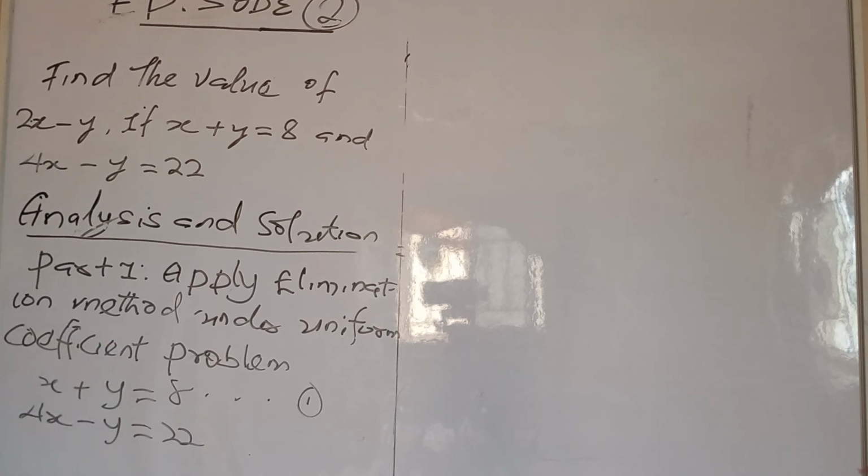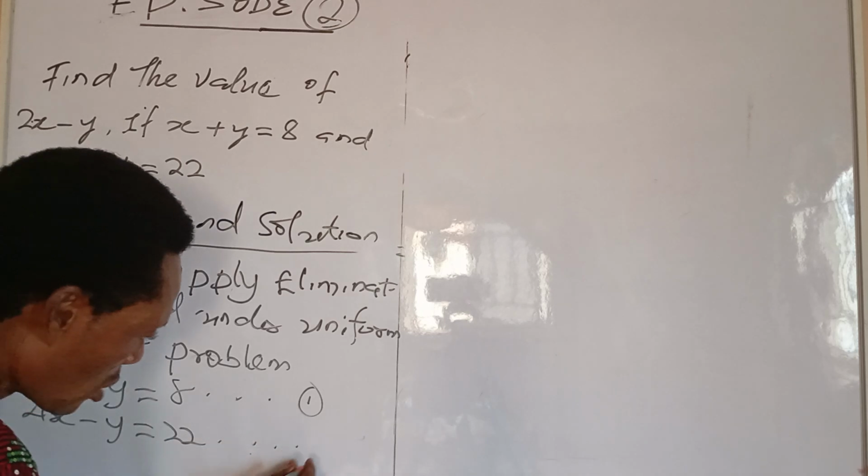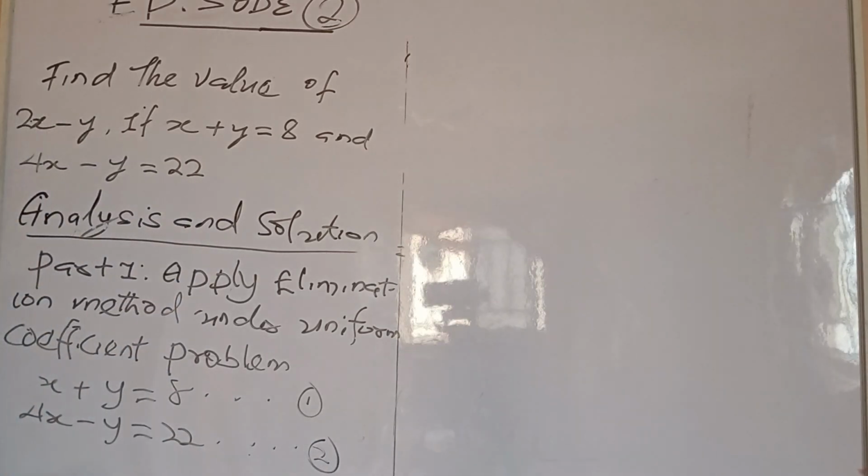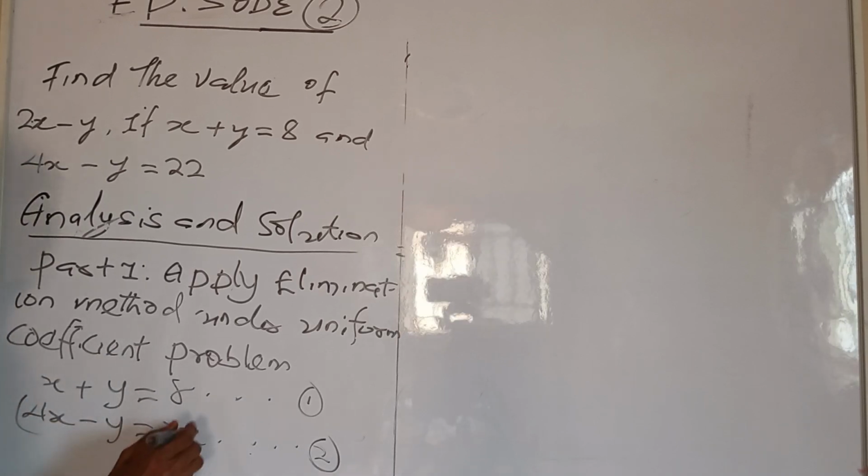When a variable is maintained at the same coefficient, you can easily eliminate it. With equation 1 and equation 2, we can cancel the coefficient of y, since they are uniform.